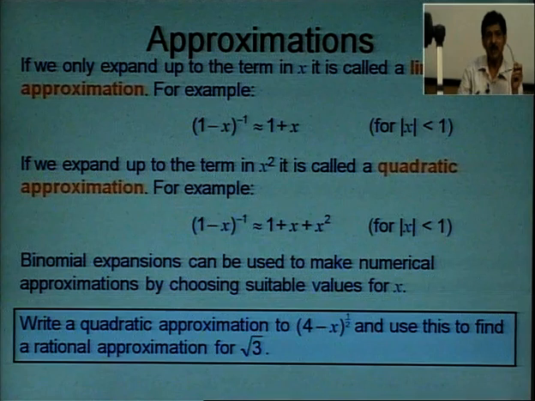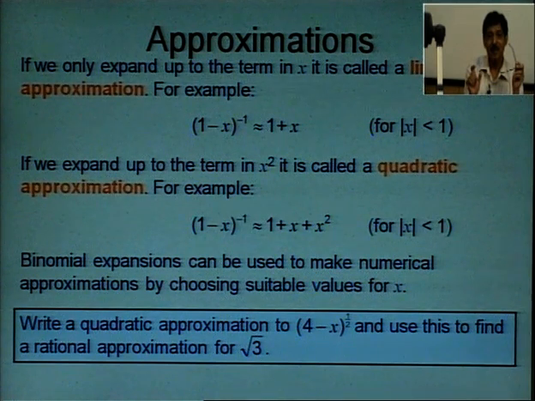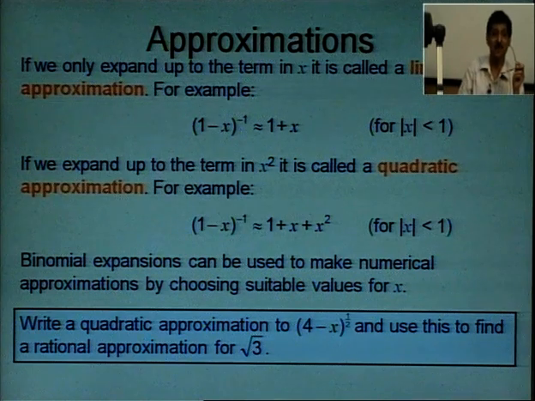In this case, I am taking only the linear part, meaning the terms of x square, x cube and so on, because for small values of x, these terms can be neglected.